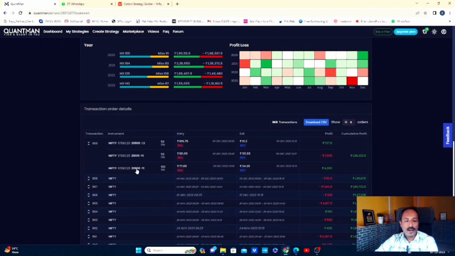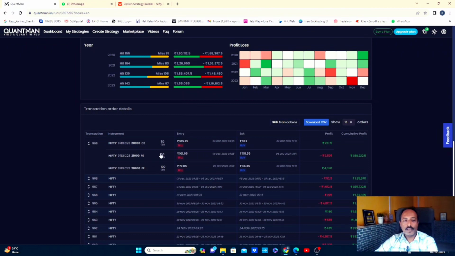See, here it has sold the 20,900 call and put, and here see, it has sold double the quantity of put once the stop loss is hit. This stop loss has hit, hope you are understanding, right?